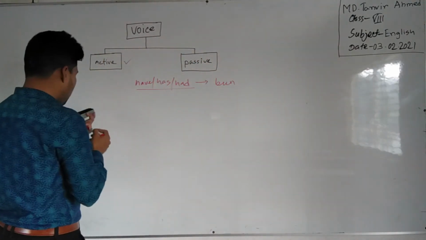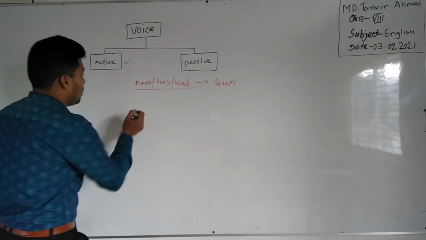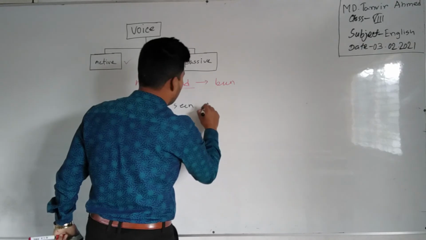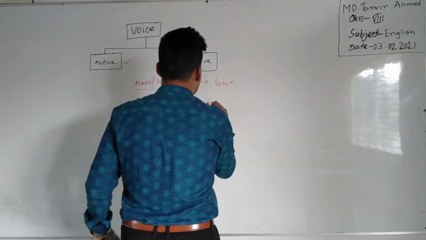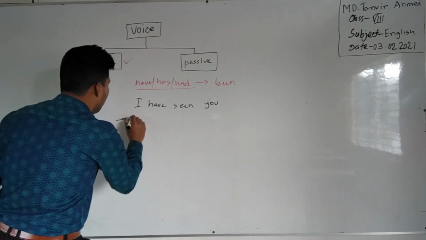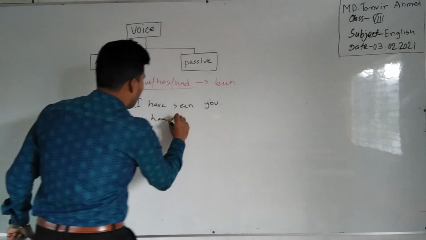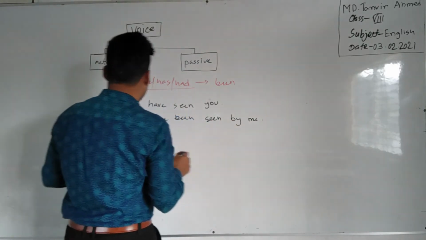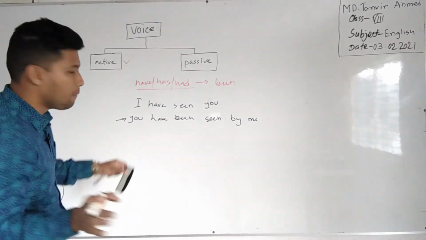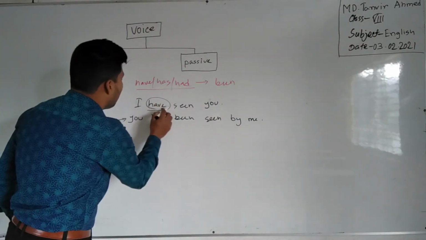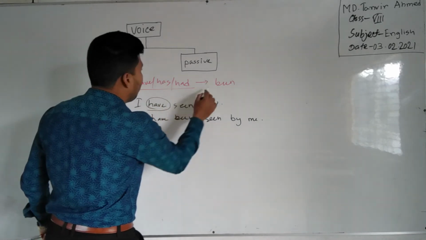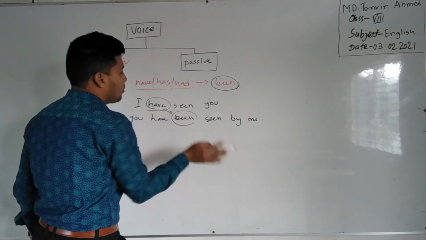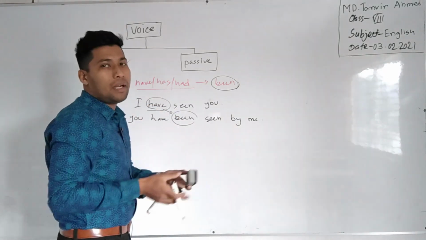For example, "I have seen you." So what will be the answer? "You have been seen by me." So this is very clear and very easy. Just for "have," I write down "been" in our passive. So you can see the changes, and all the other changes will be the same according to our previous rules.